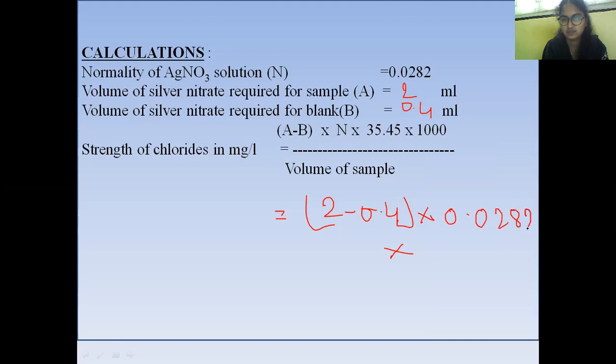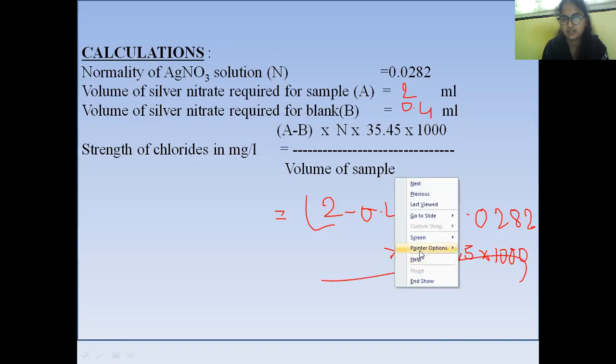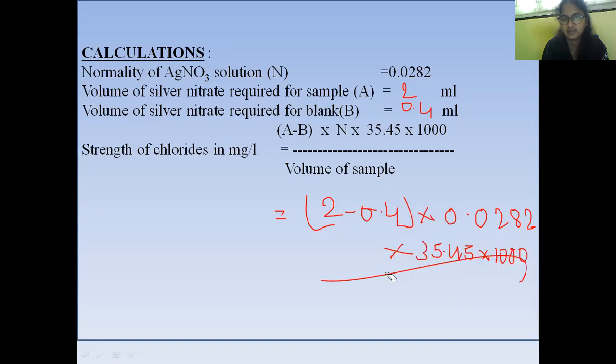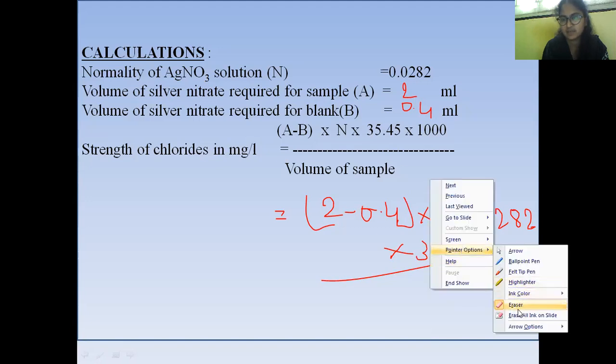Into 0.0282 into 35.45 into 1000. We'll get the chloride content in the given water sample.